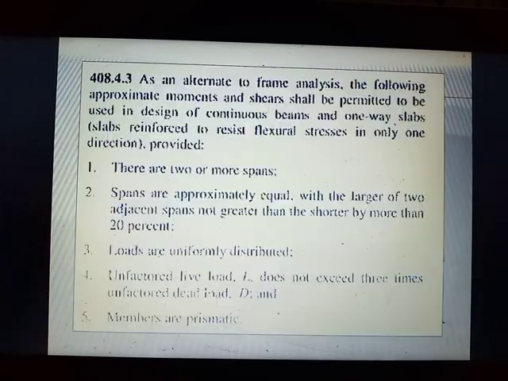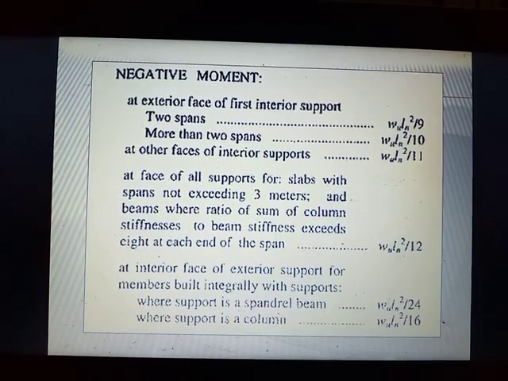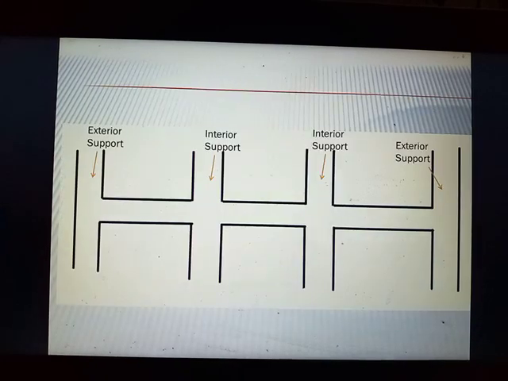Speaking of these terms, in order to simplify that, we have some example drawings. So let's proceed.